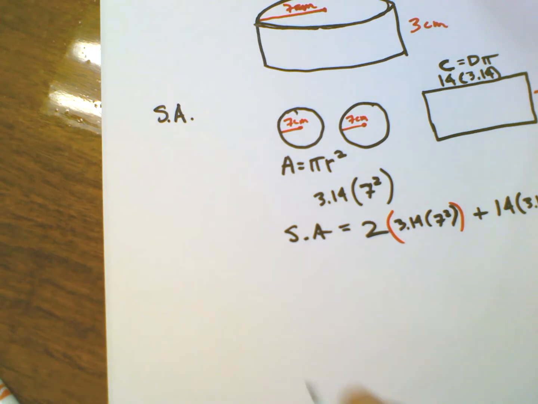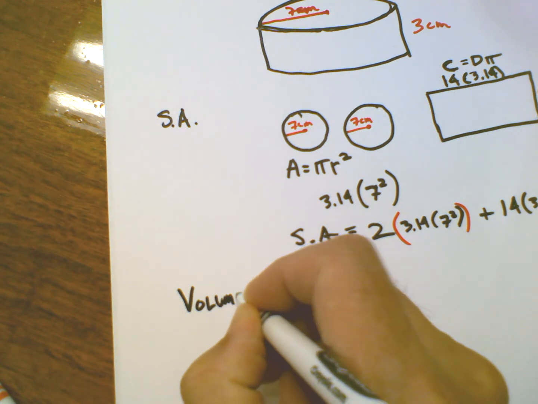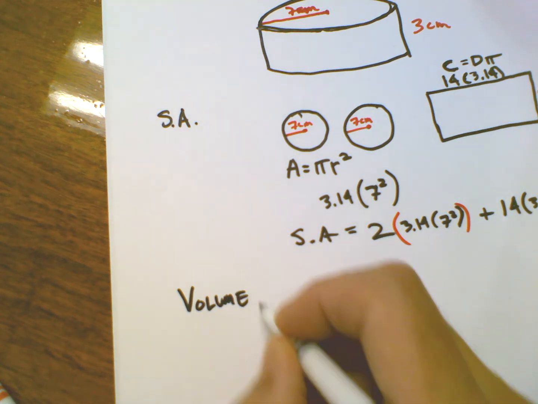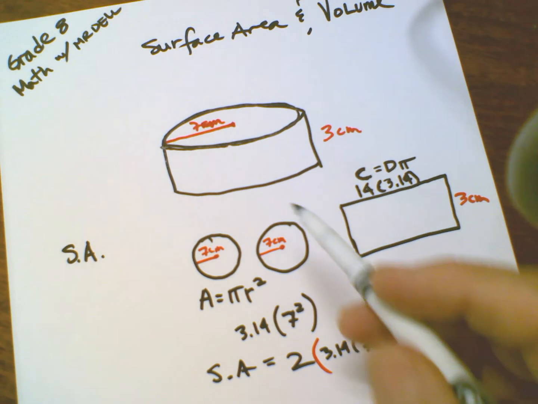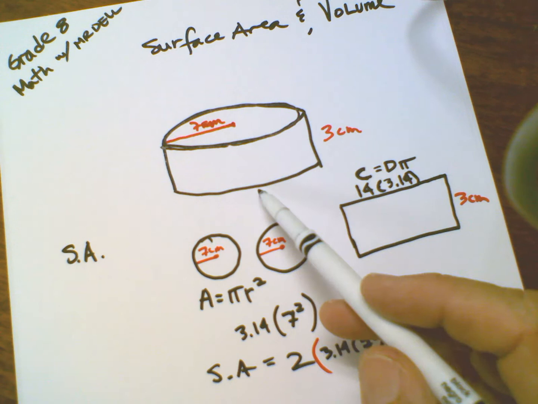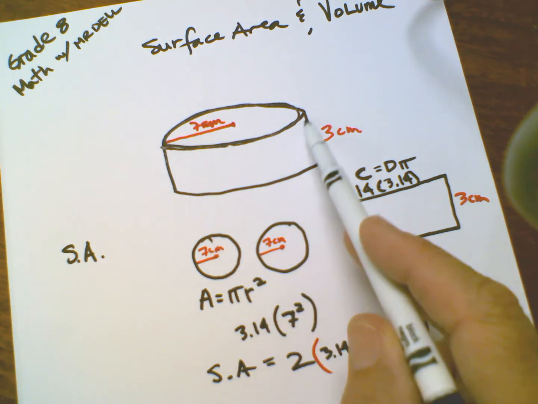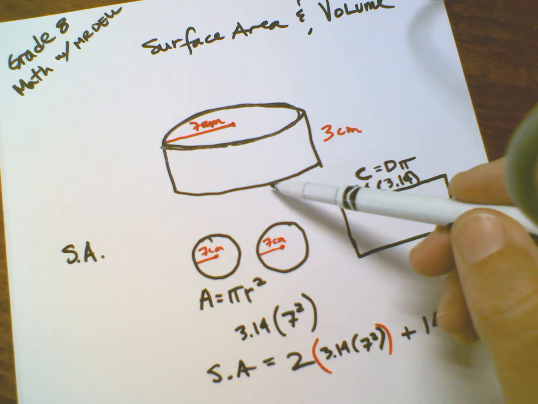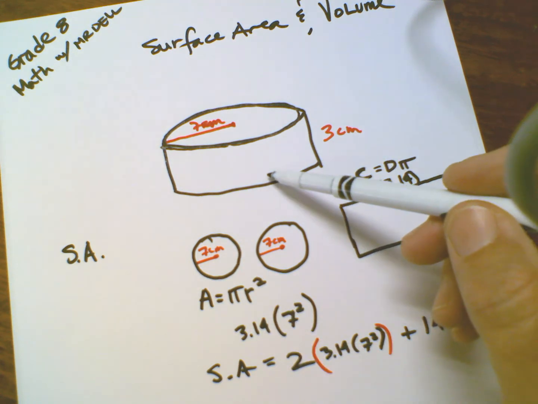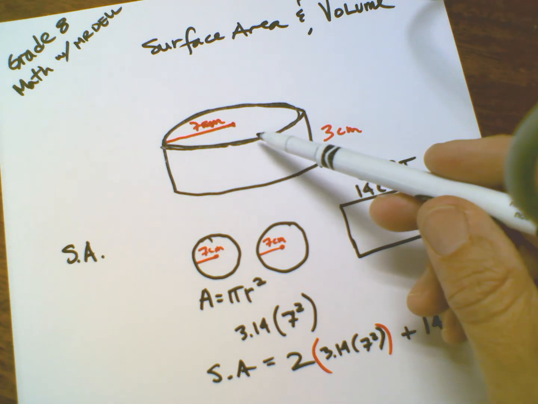So the volume of a cylinder, here's a good way to picture it. Volume is always the stuff inside. What's inside of a cylinder? If I knew the area of this circle and I was able to stack them all up, all the paper thin circles all the way up, that would be the volume. That's what would fill it up, right?